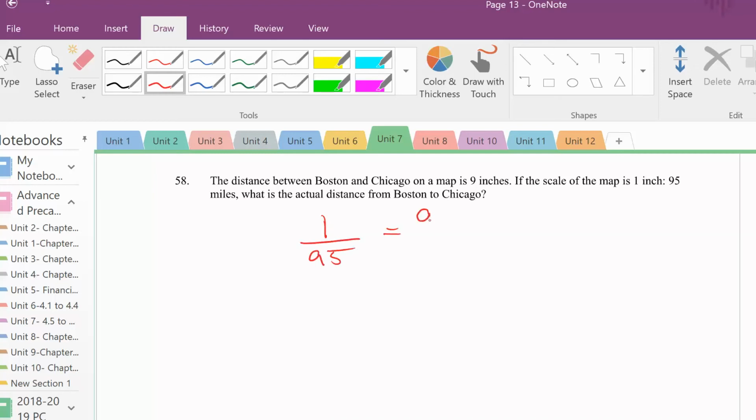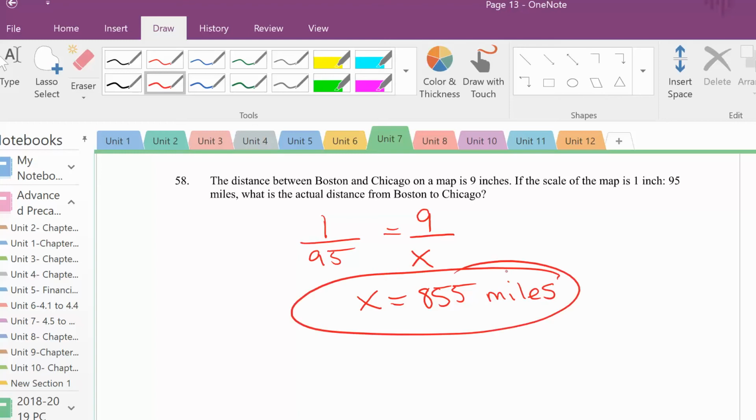So we want to know 9 inches represents how many miles? So when you cross multiply, x equals 9 times 95, which is 855 miles. So you set up a proportion.